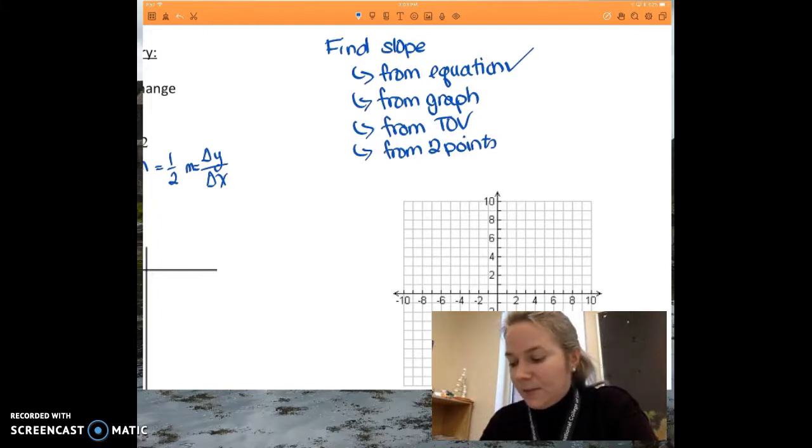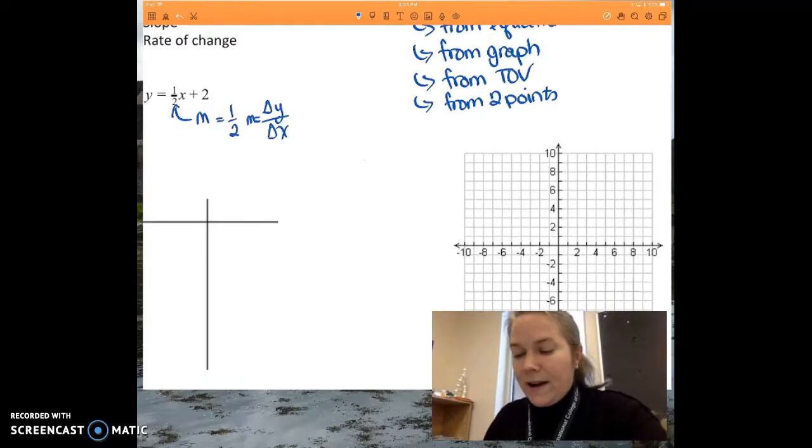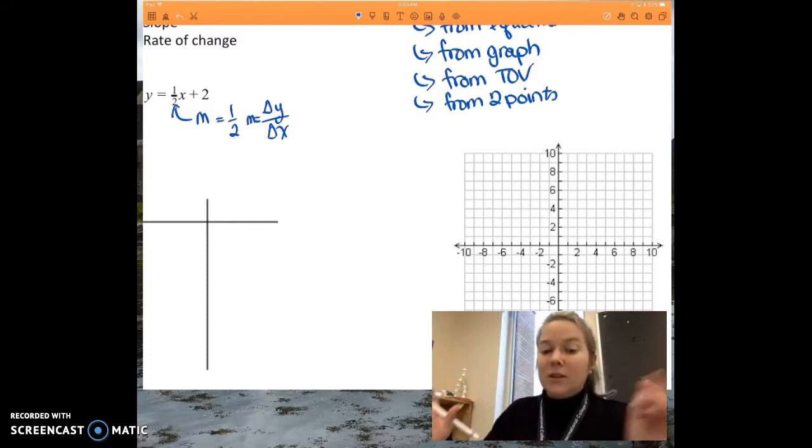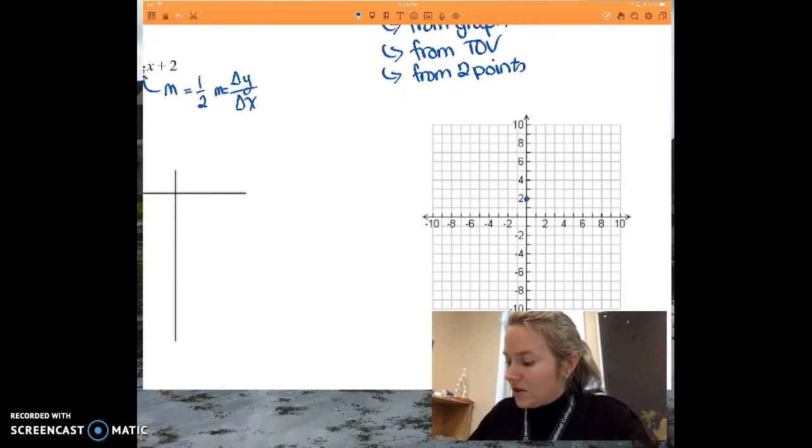From the graph is a little bit different. So I'm going to actually graph this y equals 1/2 x plus 2. I'm going to graph it really quickly, and then we're going to look at how we can use the graph and work backwards. So just pretend you don't know what the equation is. It's 1/2 x plus 2, so plus 2 is our b value, and 1 over 2 is our slope.